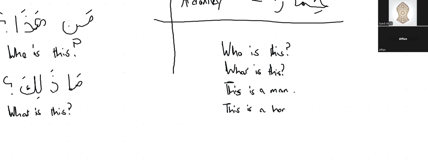Remember, horse is farasun. This is a camel. And then we go into that.